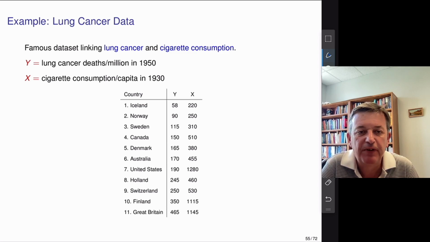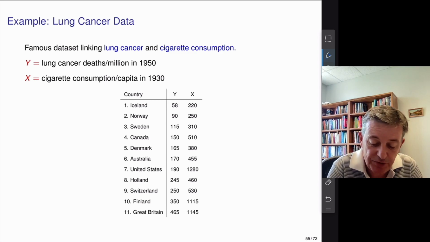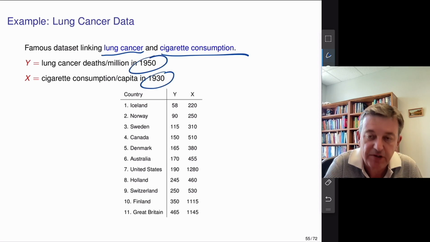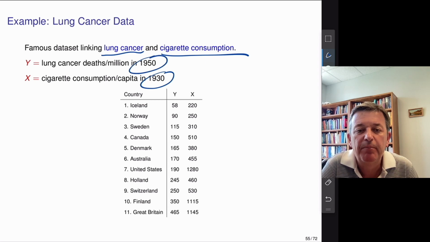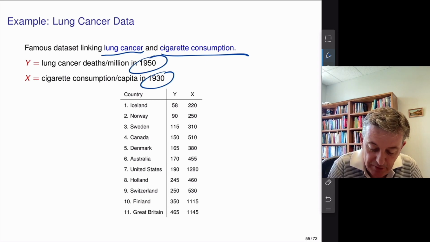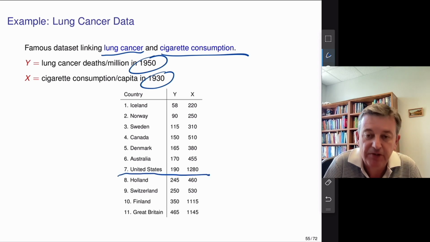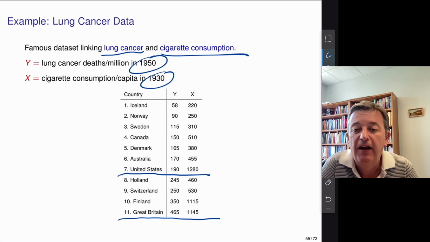So here's a famous example: lung cancer versus cigarette consumption. So cigarette consumption in the 1930s versus lung cancer deaths per million in the 1950s. And I guess the two countries of interest are the US and, given I'm from England, Great Britain.